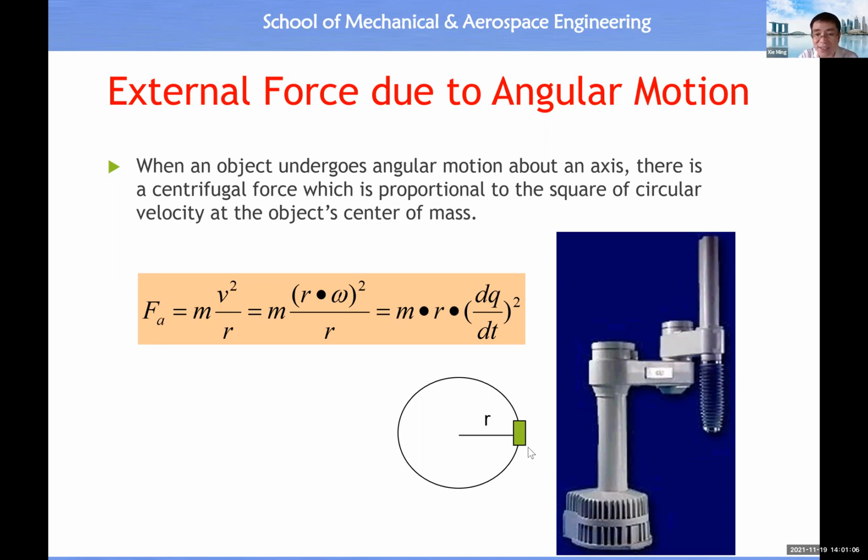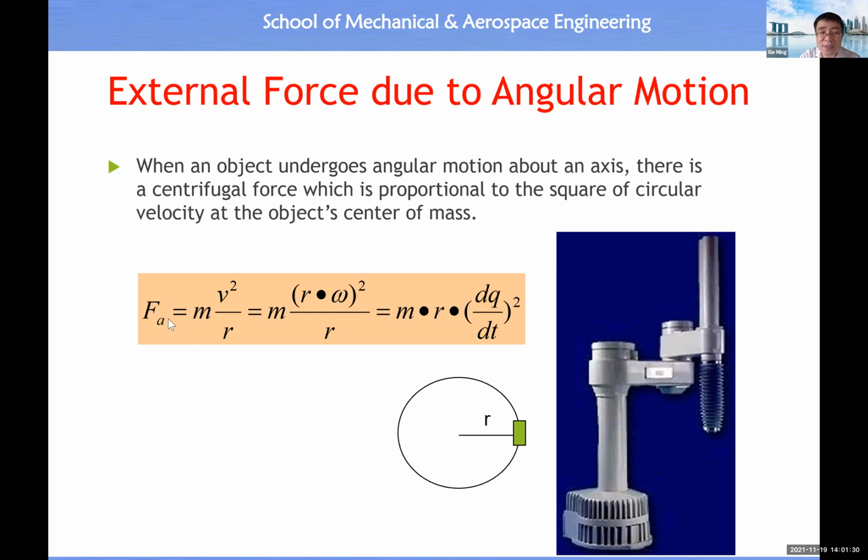This is the mass of this vertical link, and this is the length of the second link of this SCARA robot. When this moves, you will see a centrifugal force, which moves away from the axis of rotation of the second joint.